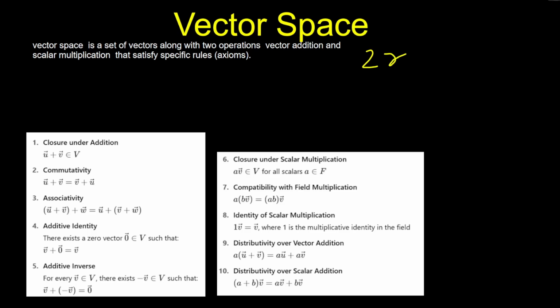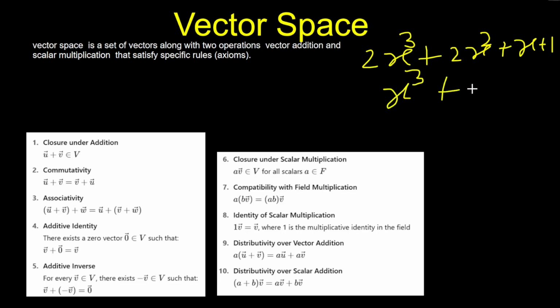So we have 2x cubed, degree 3, plus, let's say, 2x square plus x plus 1, and we have another polynomial x cube, and we have x square, and we just don't have x, so we have 0x, and we have plus 4.